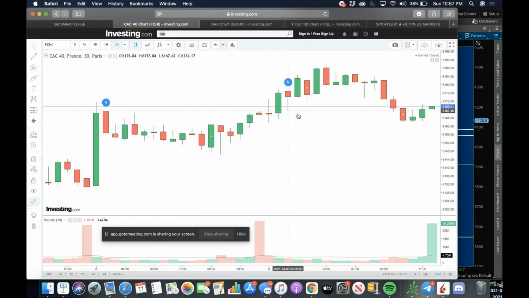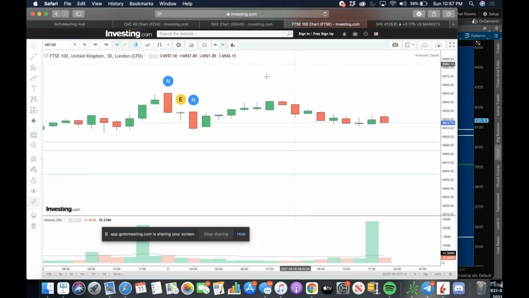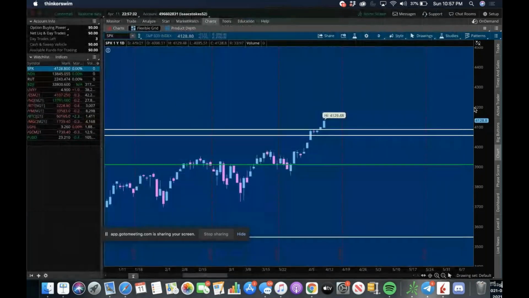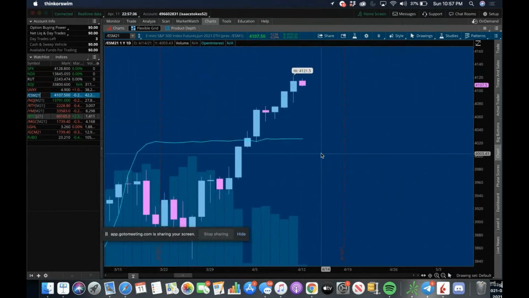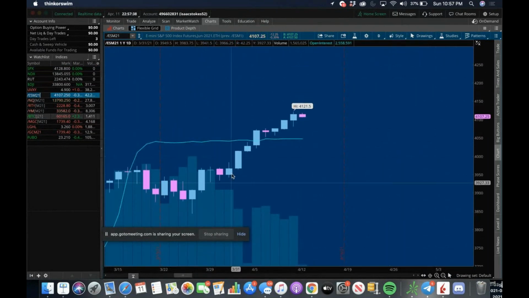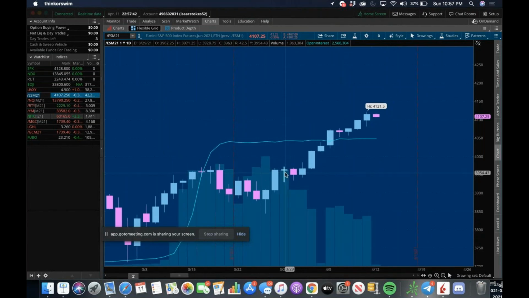A perfect display. When you see that happen on CAC, when you see that happen on FTSE, 6906, that is called confluence. That is when we have multiple indices giving us signals on key levels that we already understand.